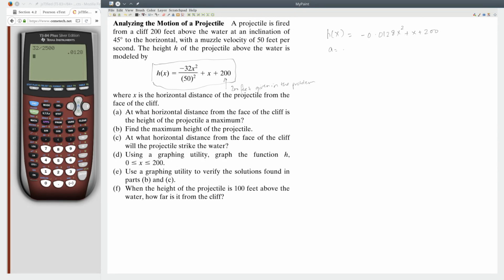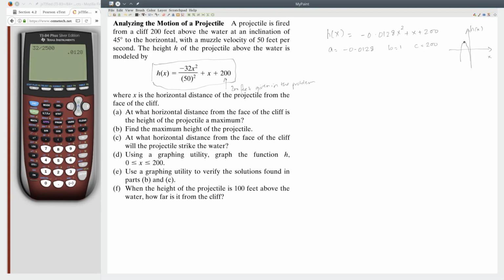So A is negative 0.0128, B is 1, and C is 200. Now clearly, since A is negative, the parabola opens downward, which means that there is a maximum height that we can attain.